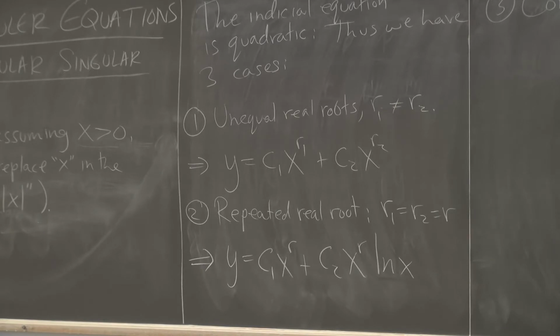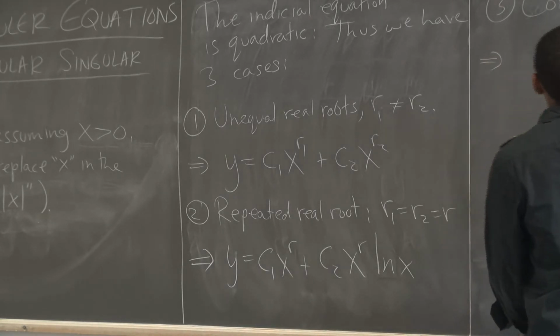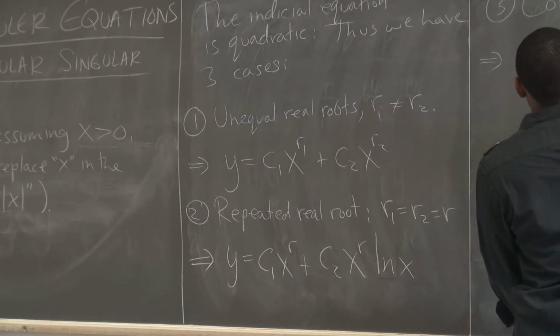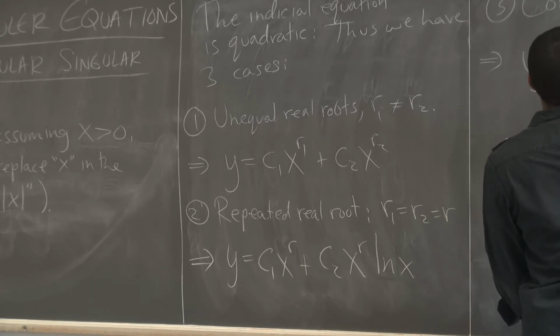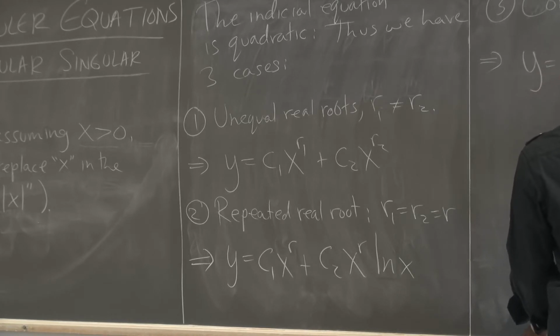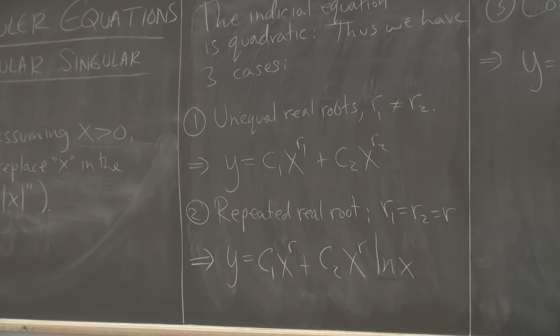This means your r is equal to a plus or minus ib. In that case, we have y is equal to c1 x to the a cosine of b ln x plus c2 x to the a sine b ln x.